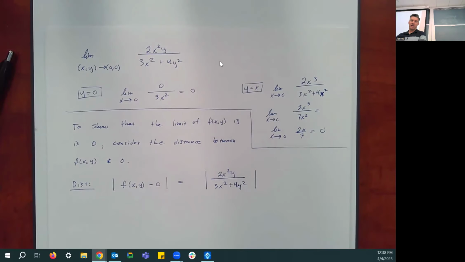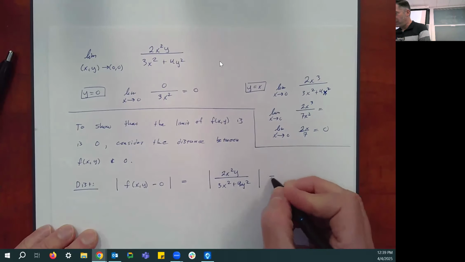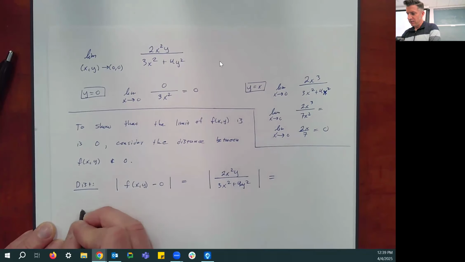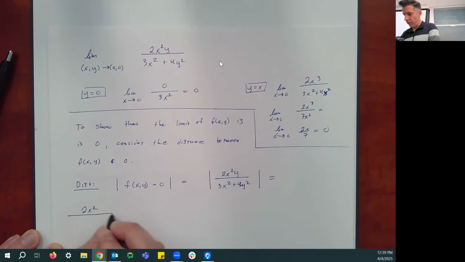And now is where things get tricky. You have to have some intuition about what to do. So here's what I point out. Anything squared or to an even power is already always positive, so it doesn't need to actually be in the absolute value. So here's the trickery that I'm going to employ first. I'm going to write this as 2x squared over 3x squared plus 4y squared.